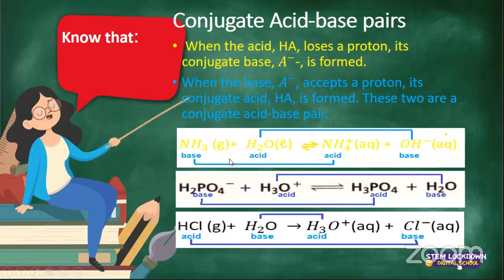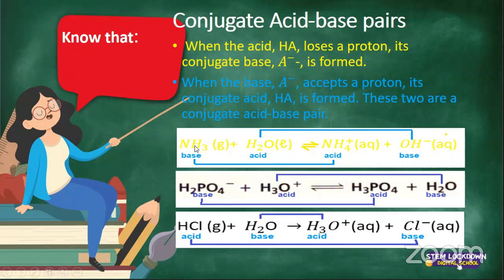Let's look at the example here. You have ammonia, which is a base, and then what will be its conjugate acid? Its conjugate acid will be ammonium, NH4 plus.